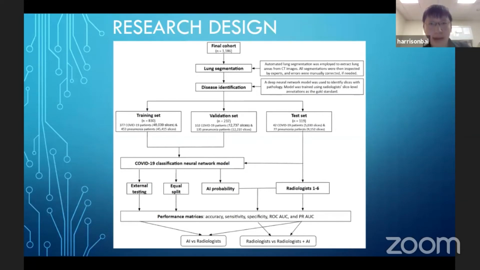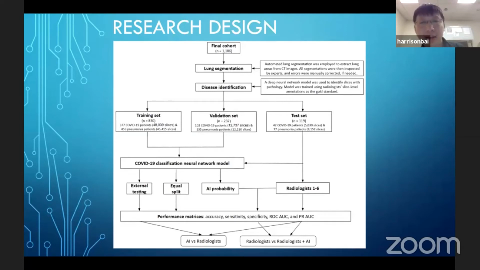So this is our research design for the AI algorithm. We first did automated lung segmentation, and then after that we trained the deep neural network to identify those slices that contain pathology, with the gold standard being labeling by radiologists.